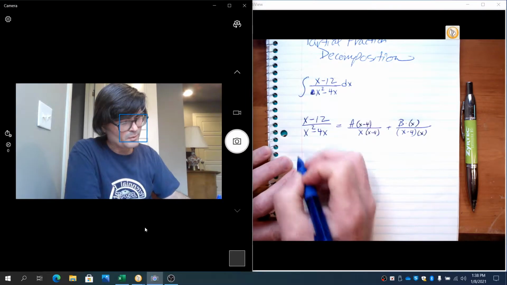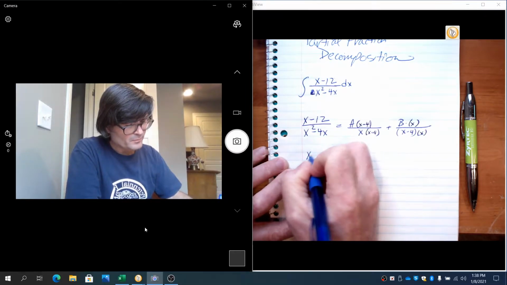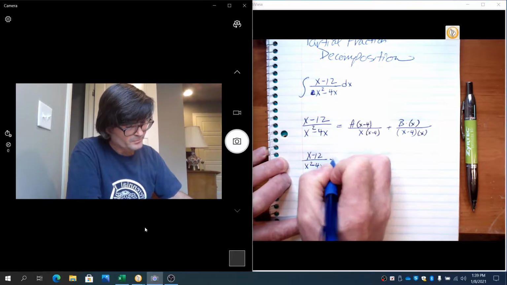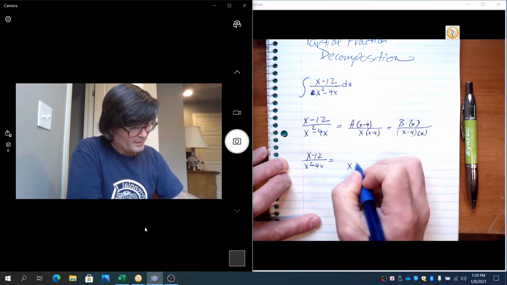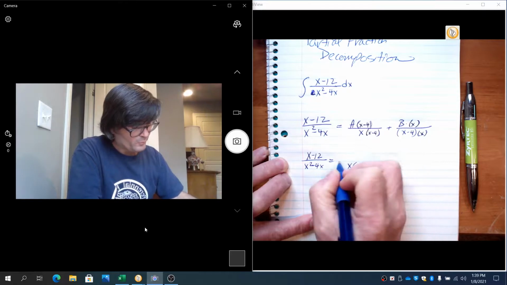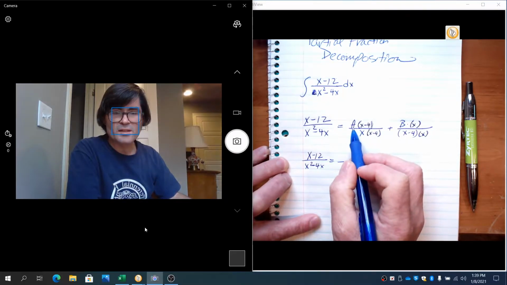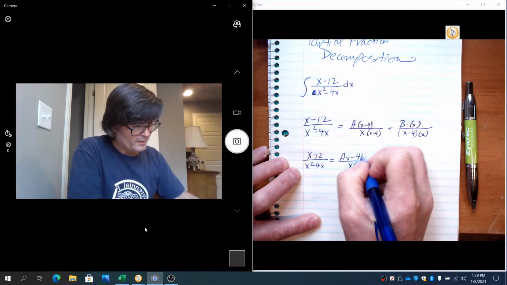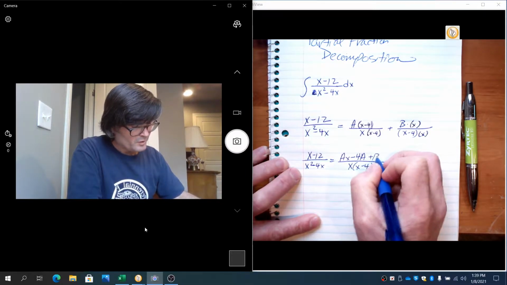And so what you can end up with will be x minus 12 over x squared minus 4x. The bottom is going to be x times x minus 4. And on top, you'll just use the distributive property and get ax minus 4a plus bx.